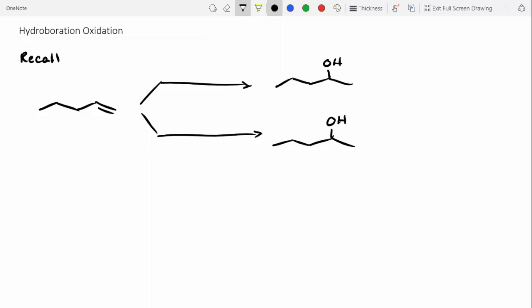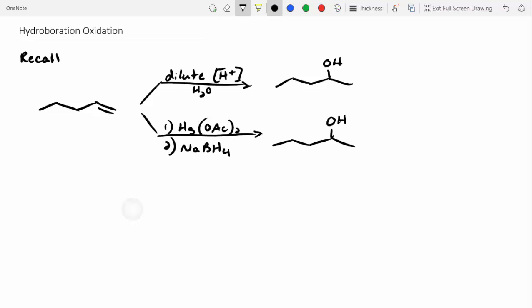Do we need concentrated acid, dilute acid? What would work? Dilute acid. So dilute acid and water would work for this top reaction, and we just discovered a new way of getting this reaction to work that avoids rearrangements, where we use mercuric acetate followed by sodium borohydride. For this specific starting material, they give the exact same product.